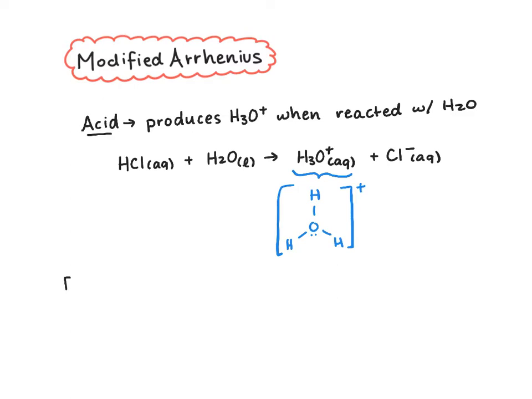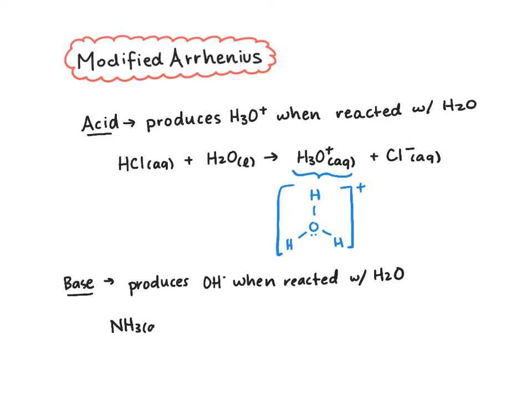The modified Arrhenius definition of a base was a substance that produces hydroxide when reacted with water. An example of a base would be something like ammonia, NH3.